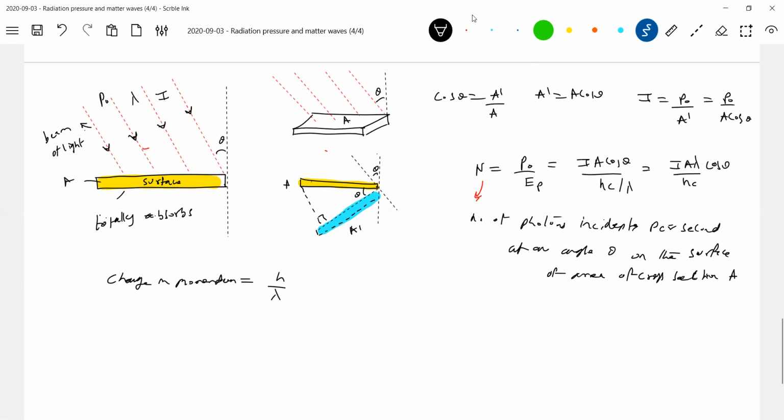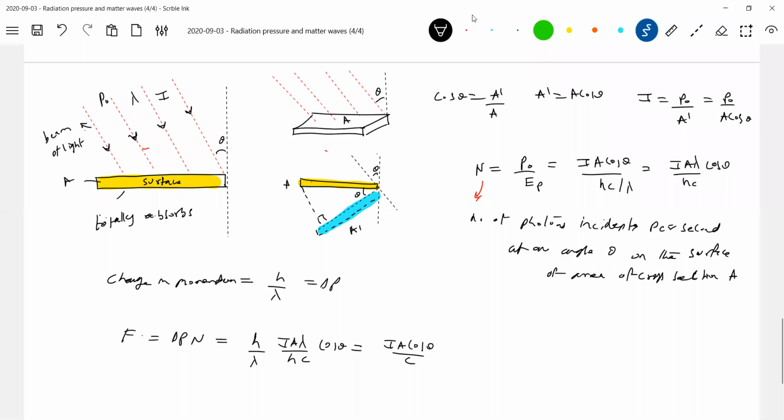So what is the force now? Let me write directly. The force is the change in momentum delta P into n, h by lambda, which is equal to I A cos theta by c. So this is the force.